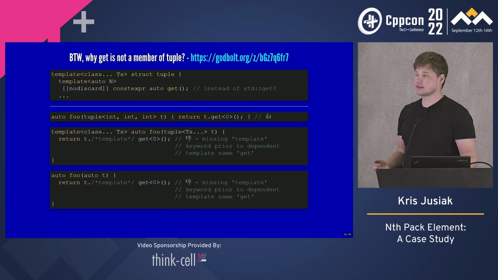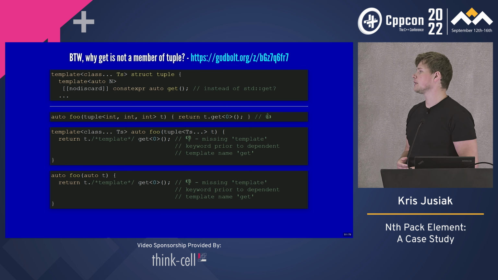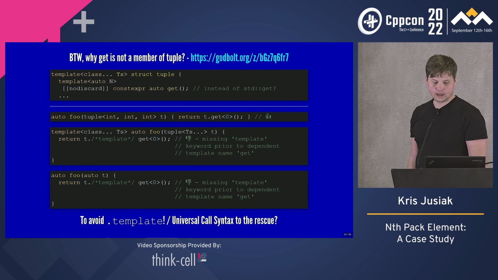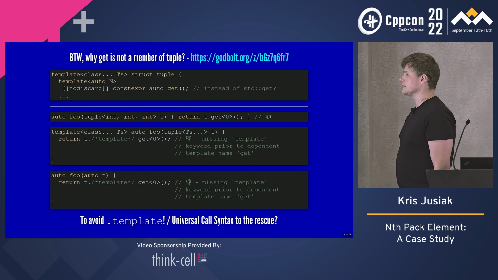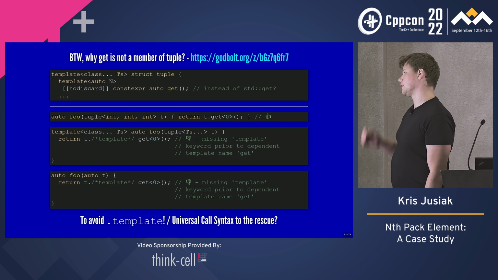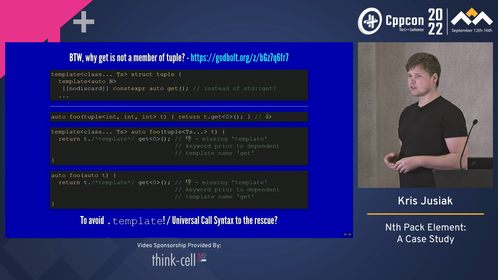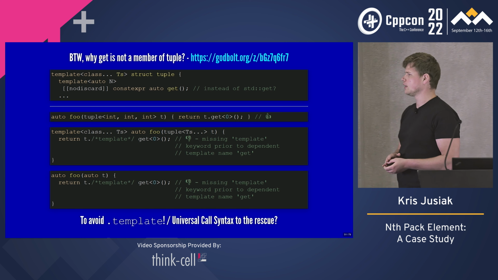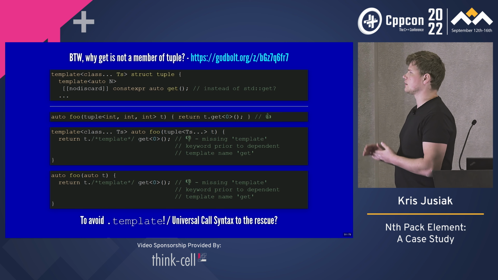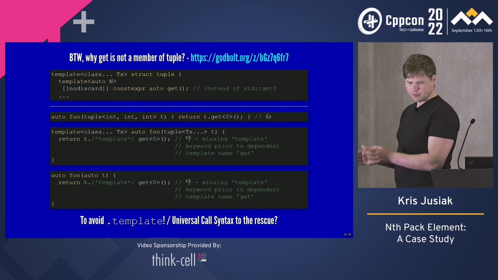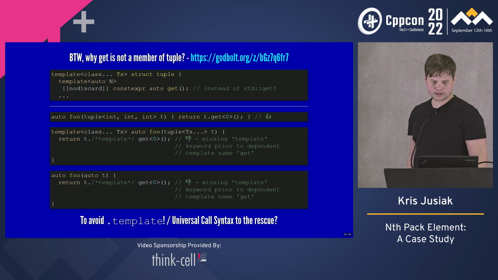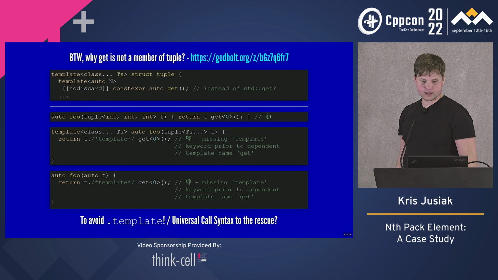If you also have auto, that would also require us to write the template. So that's why we don't have it, and we cannot have it at the moment. Universal call syntax would actually help with that, if you know this proposal from Bjarne, so that we can call the member function as a free function with the same syntax. But we don't have it, so std::get is what we have at the moment.